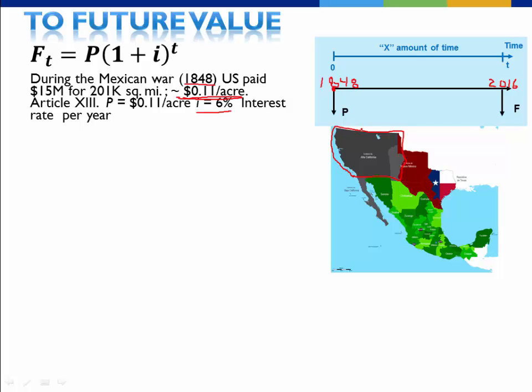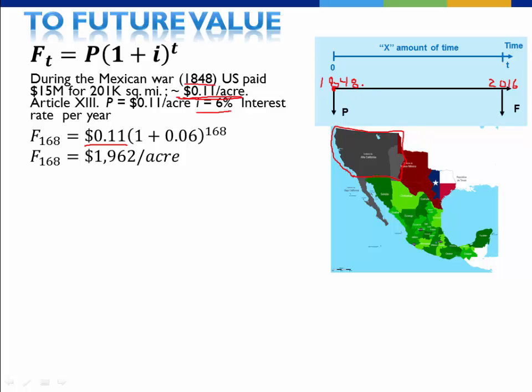So I'm going to use equation 2.1, and basically what I'm going to do is just applying it. This equation tells you this is the present value, this is the discount rate, and this is the number of years, which is basically 2016 minus 1848, 168 years.